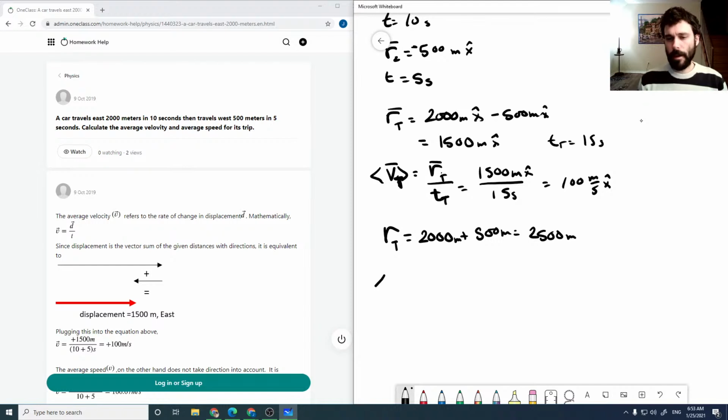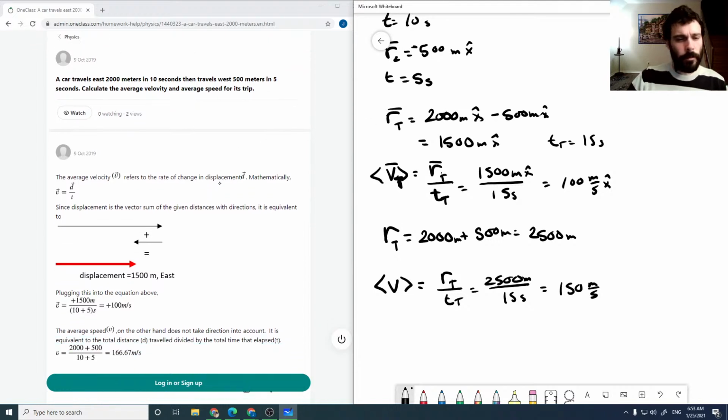And so my average speed is just my total distance over my total time, which is 150 meters per second. So just to emphasize the difference here, a velocity takes into account direction, so it's the displacement over the time, and the average speed is just the total distance over time.